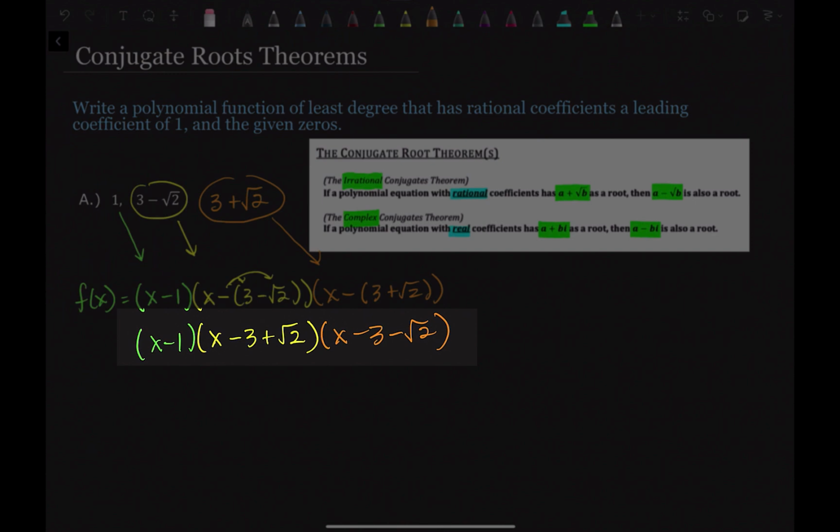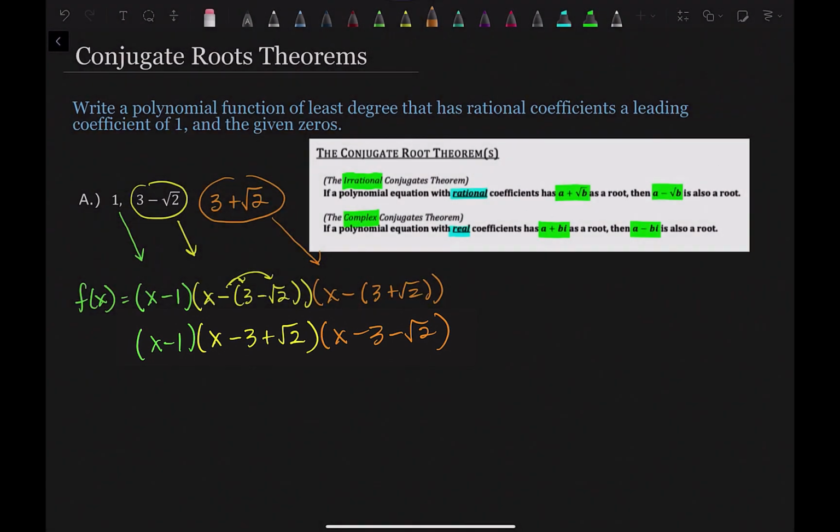But maybe it's a spoiler, maybe it's just a hint or a recommendation: because yellow and orange are conjugates, I'm going to go ahead and spoil it, when you multiply yellow and orange first, that will completely erase all your roots.